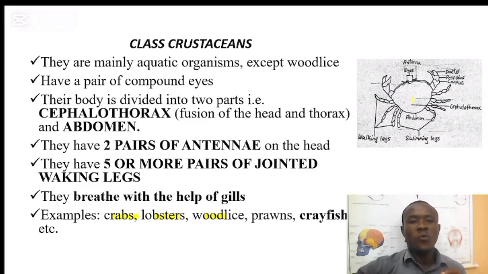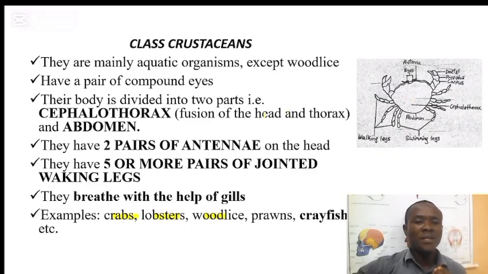Next, you have to identify the class, that is the class Crustacea. Then you have to give observable features. If they ask you for observable features or characteristics, you give things that you can see with your naked eye. Don't give parts that are inside which you cannot see.